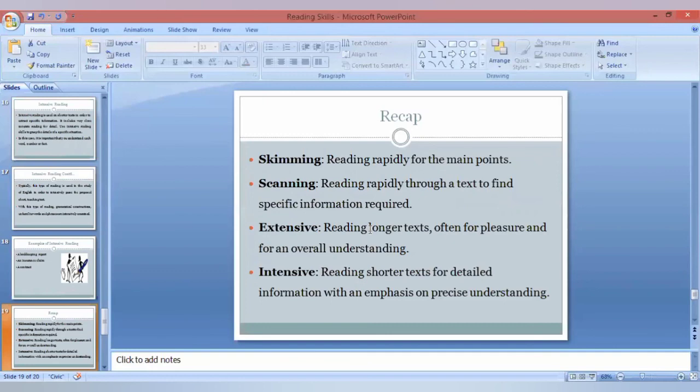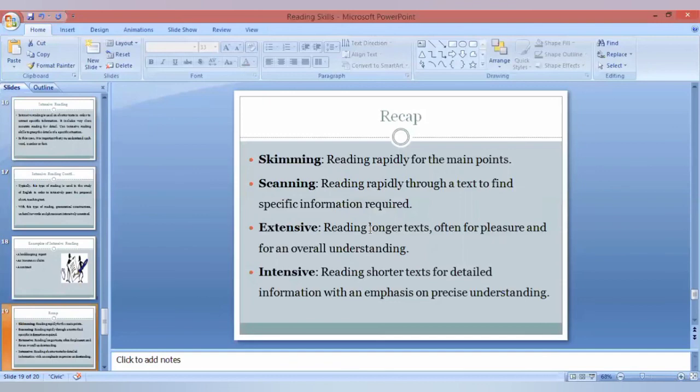The first one was skimming, which means reading rapidly for the main points. The second one was scanning, which means reading rapidly through a text to find specific information which is required by you. The third one is extensive reading, which means reading longer texts, often for pleasure and for overall understanding. And the fourth one, which is the last one, is intensive reading.